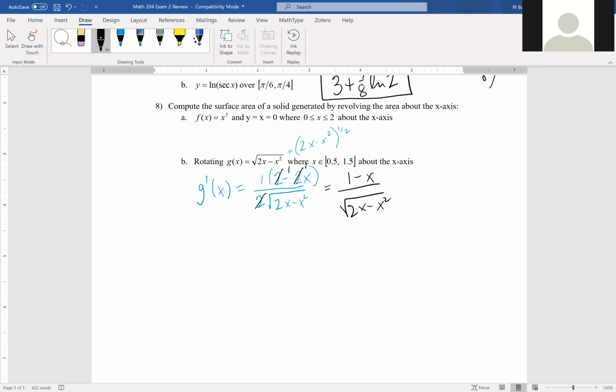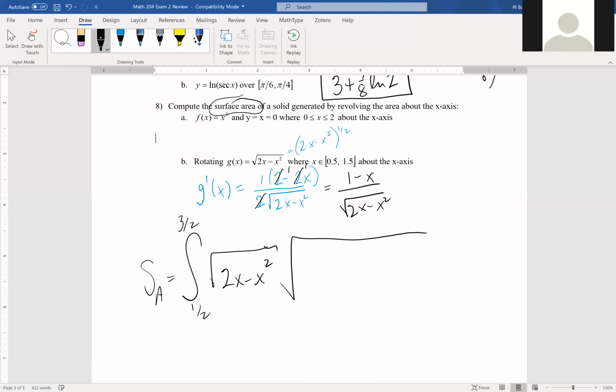So then let's see, we're doing surface area. So integral, 1/2 to 3/2. We need g of x on the outside, and then 1 plus this squared on the inside, right?